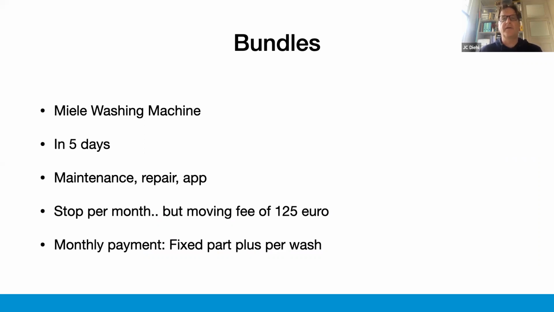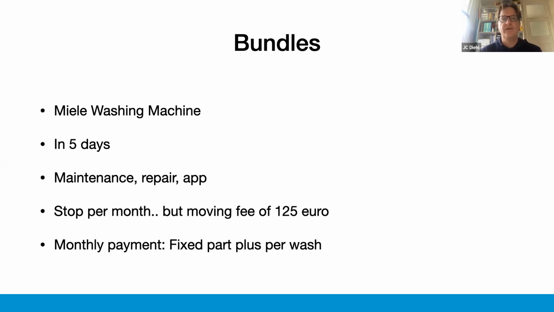You can stop after any month, but they ask you a moving fee of around 125 euros. Why? Of course, it's not really beneficial for the company, neither for the environment, if they will bring it all the way to your home and after a few months you stop using it and they have to take it away. So they try to stimulate you to take a subscription over a longer time.